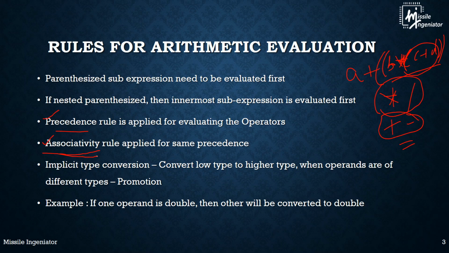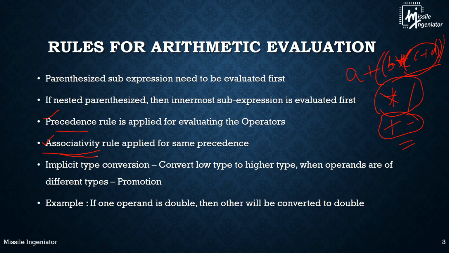In associativity, we evaluate either left to right or right to left. In the case of multiplication and division, we first perform from the left and then move to the right.